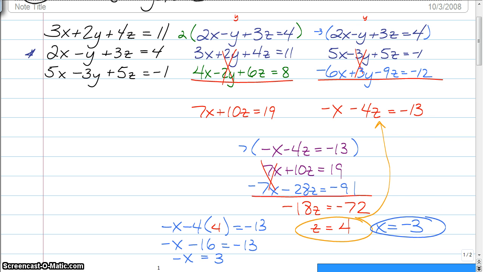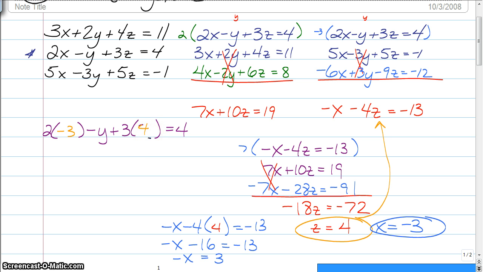So now we have two variables. And then what you do is you go back all the way to the beginning and pick one of these variables to work with. Remember that starred one we said is easy to work with? That's what I would suggest. So now we have 2x minus y plus 3z. We know what our x is. We know what our z is, equal to 4. And now you just go back and substitute your x as a negative 3. We substitute 4 in for z.